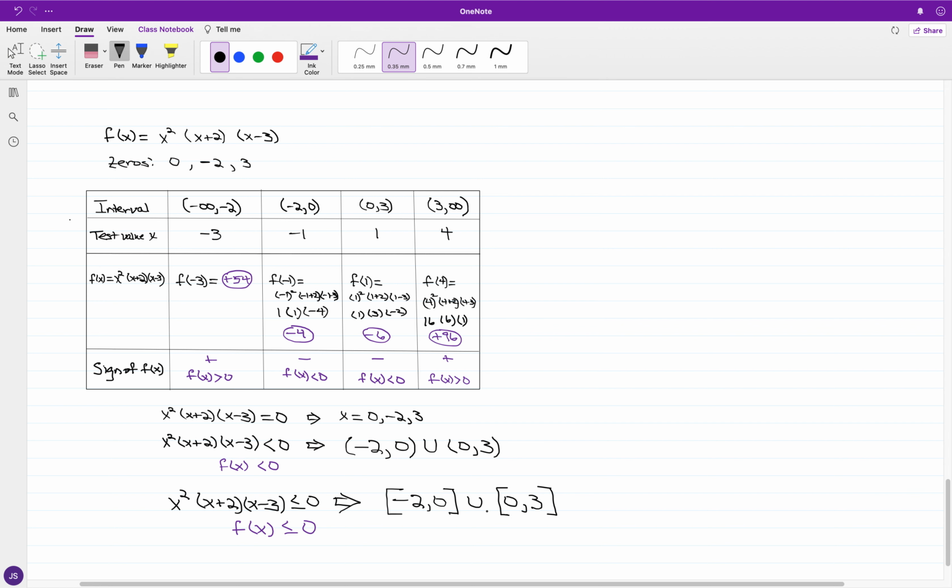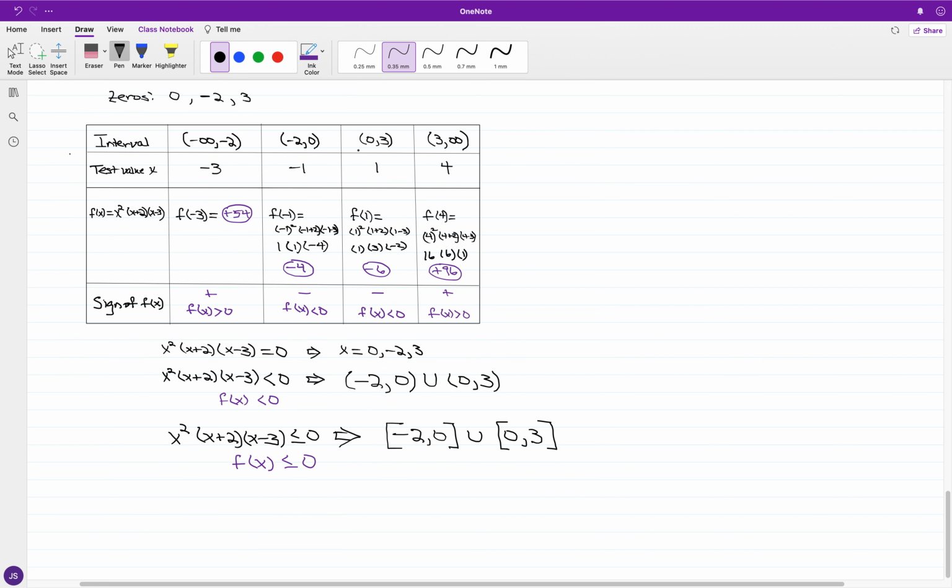But guess what? Since 0 is now included, this means that this union here, since 0 is included, we're going to have the intervals become one.